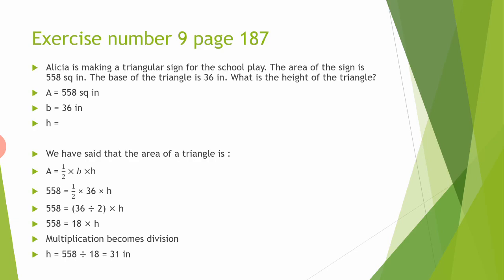So we have the area, that is 558. The base, that is equal to 36, we want to find the height. The area is a half times base times height. We substitute in the place of the area 558.